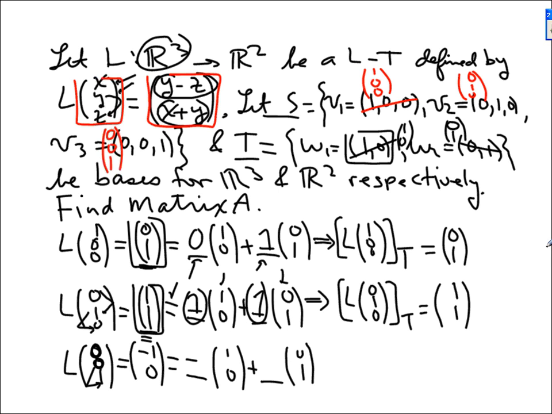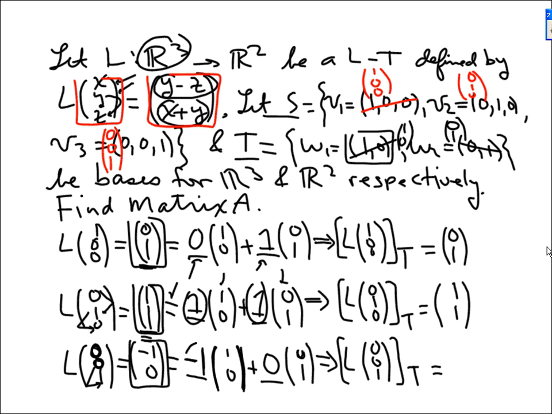If I multiply the 1, 0 by negative 1, I get negative 1, 0, meaning I don't have to add any of the vector 0, 1. That tells me that the coordinates of L of 0, 0, 1 with respect to the basis T is negative 1, 0.